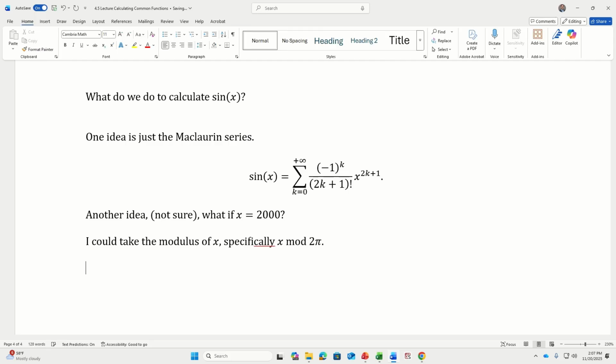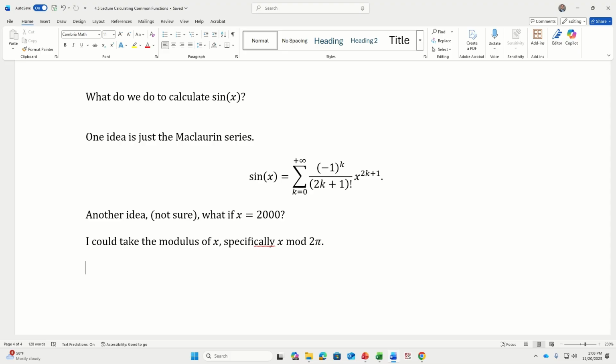Does anybody not know what I mean by modulus? It's like the remainder. You do the division algorithm and then you take the remainder. So like 15 mod 7 is 1, because you have 14 as the quotient and 1 as the remainder. So 15 mod 7 is 1.